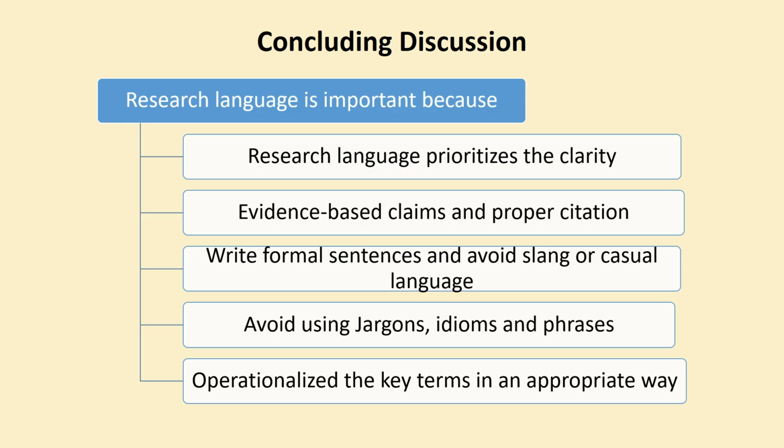Next is avoid using jargon, idioms and phrases. This is significant, because especially in the field of social sciences, we have different kinds of things and different approaches to conduct research. We have a different background reservoir of literature that may contain many things. It's a bit different from science.